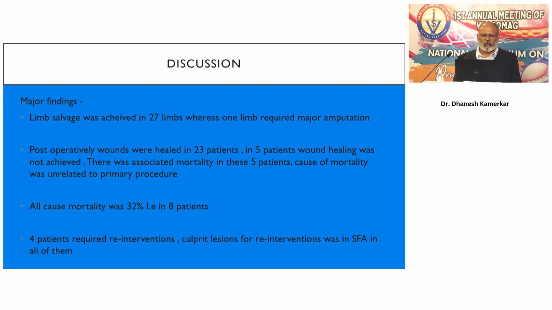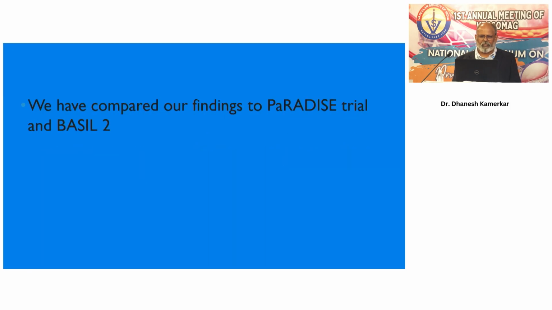In 5 patients, wound healing was not achieved. There was associated mortality in these 5 patients, unrelated to the primary procedure. All-cause mortality was almost 30% in 8 patients. 6 patients required re-intervention, and the culprit lesion for re-intervention was in the SFA in all of them.